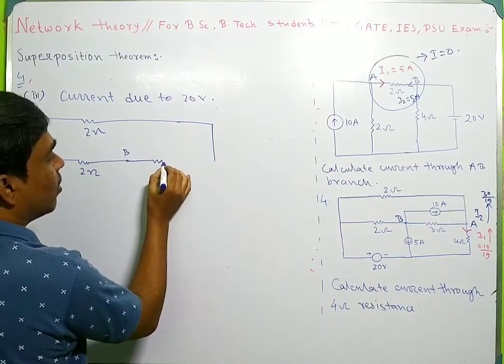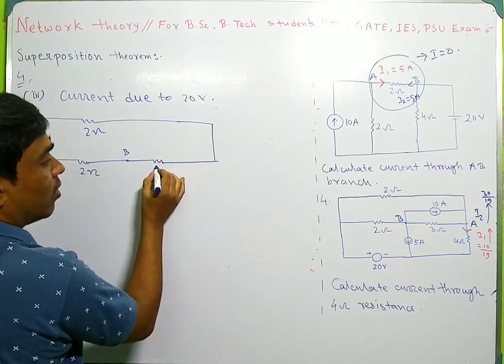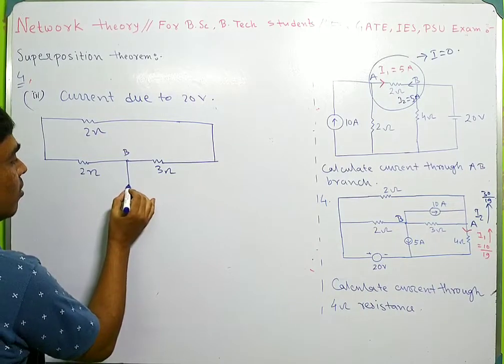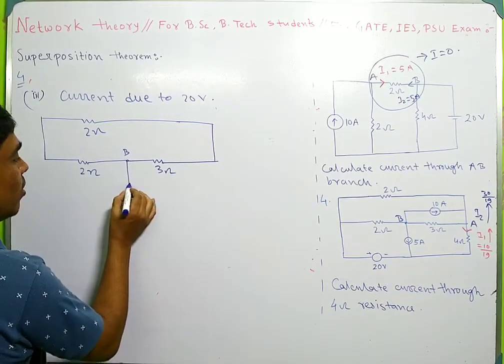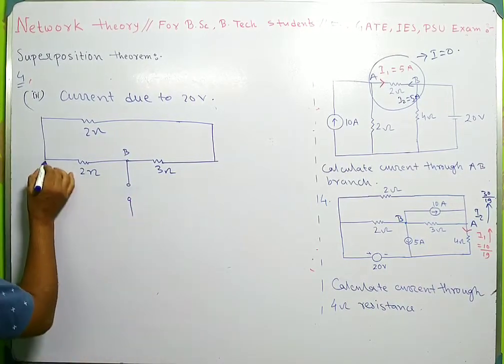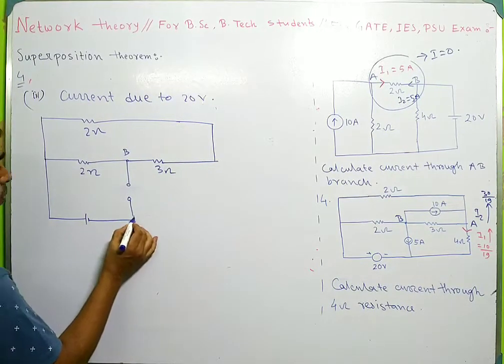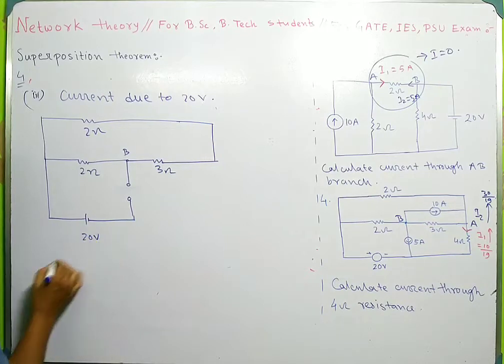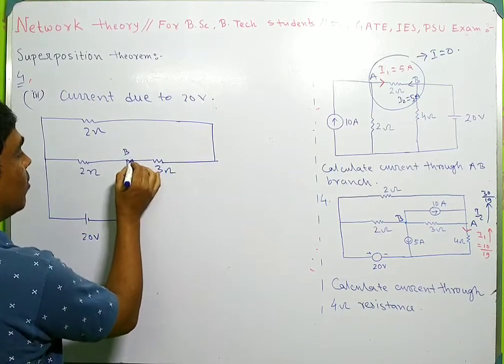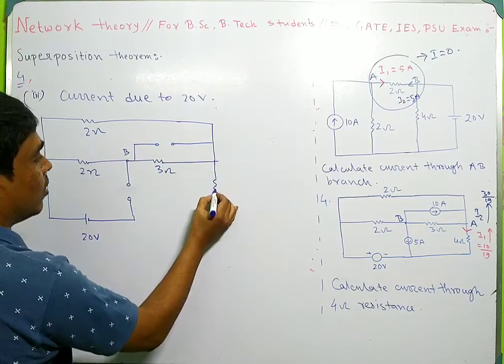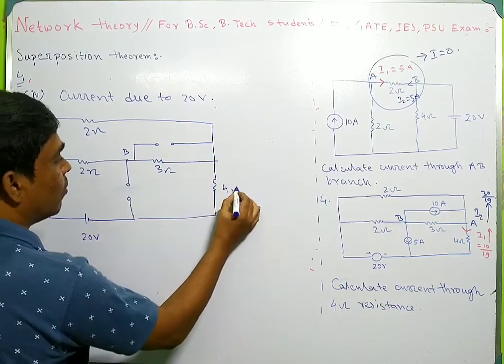This is a 3 ohm resistance, this is the current source, this is the voltage source, this is 20 volt, and this is also a current source, this is a 4 ohm resistance.